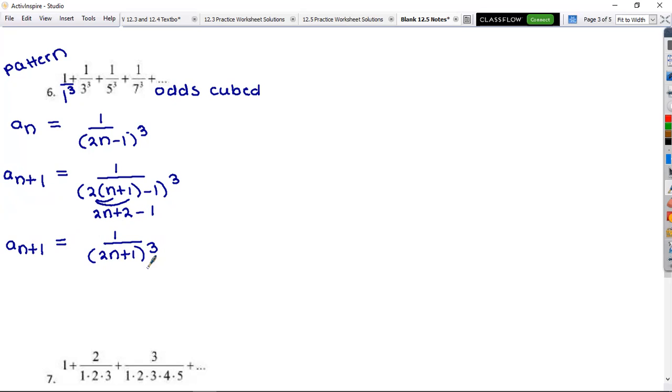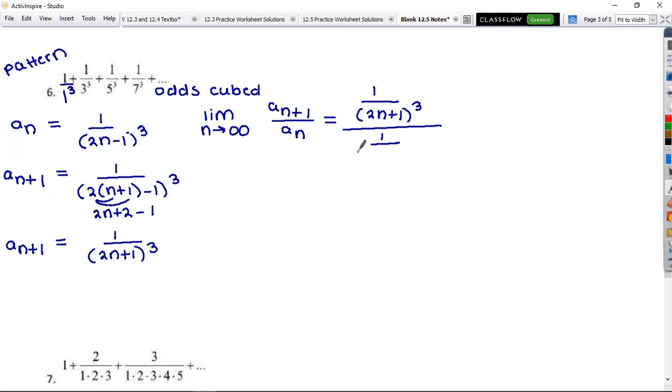So now we're going to do our limit again. So I'm going to do the limit as n approaches infinity of my formula, which is a sub n plus 1 divided by a sub n. All right, so this is equal to formula for a sub n plus 1. So I'm going to go 1 over 2n plus 1 cubed, and then divided by 1 over 2n minus 1 cubed.